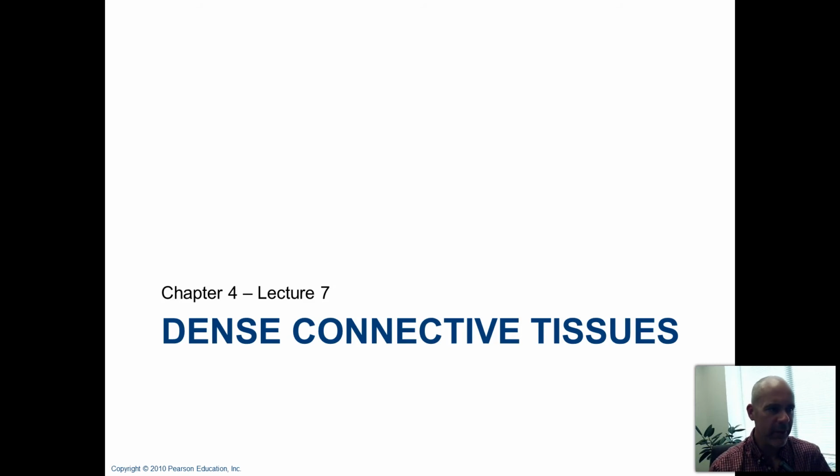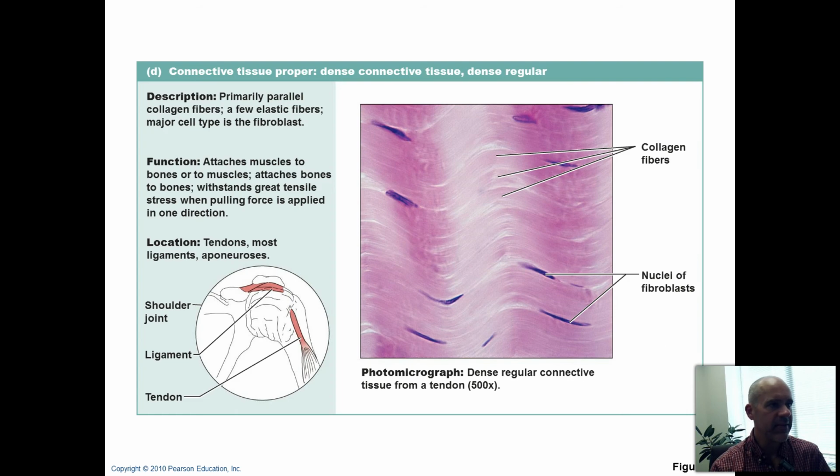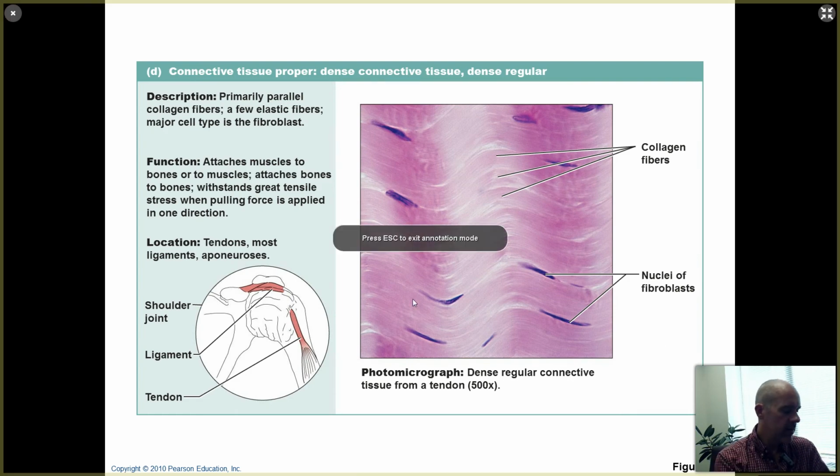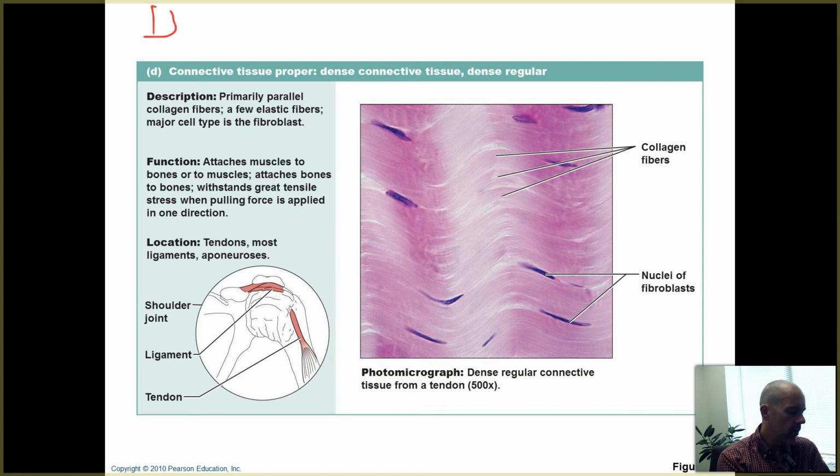All right, we're moving on now. We're going to talk about some different dense connective tissue types in the body. So as we said earlier, dense means lots of fibers.